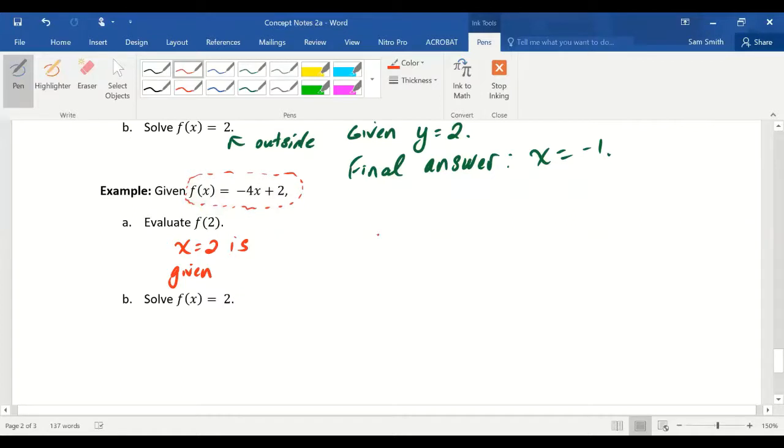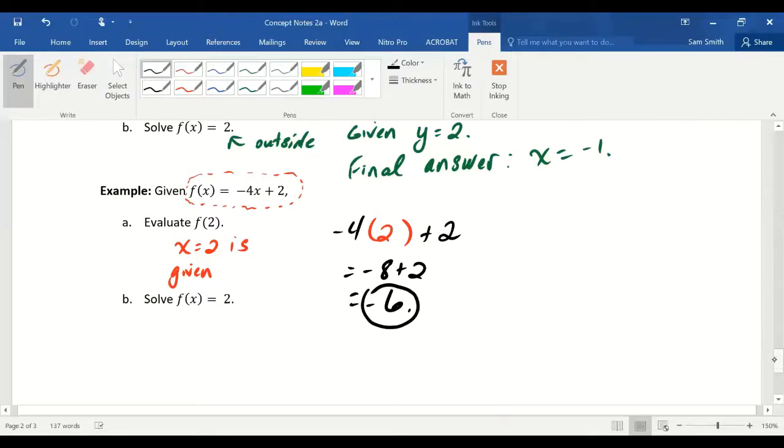It says you should take your x value and multiply that by -4, and you should add 2 to the result. And if you do that work, that number is the corresponding output. It's the corresponding y value.